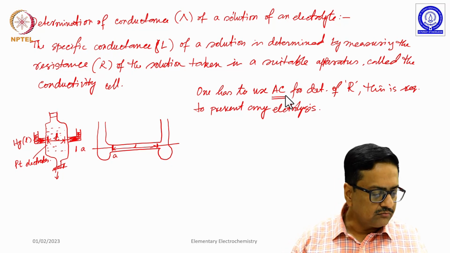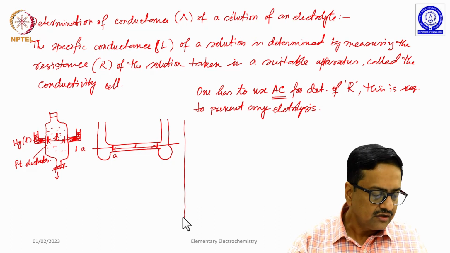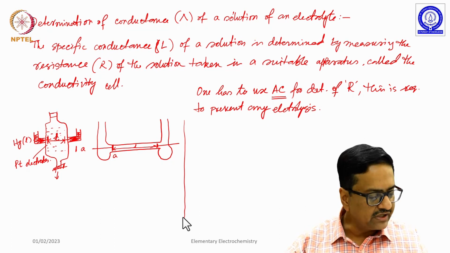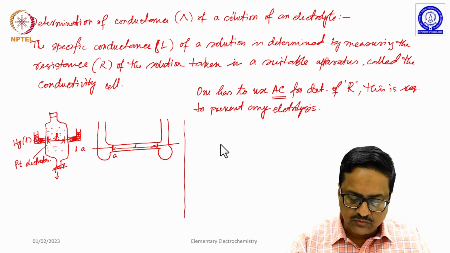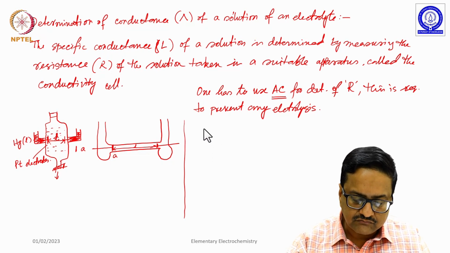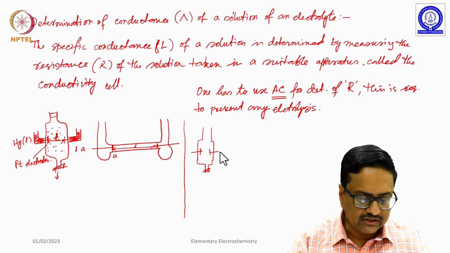So what we do is we make a setup of a Wheatstone bridge, which I am going to draw here. Suppose you have a conductivity cell of the first kind, and it is connected to two electrodes.